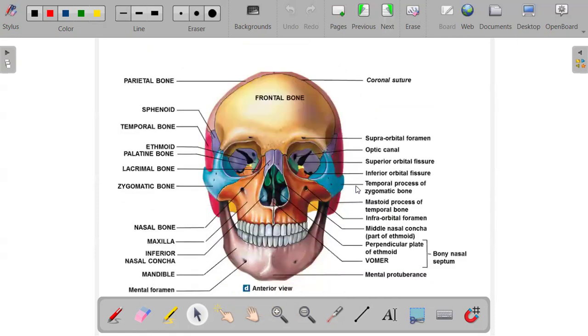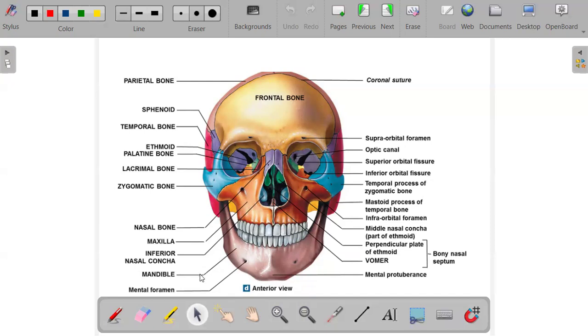So for the next one, we have the anterior view of the skull bone. So in this type, what things do we see? Okay, so in the front view, the skull will appear oval, being wider above and narrower below.